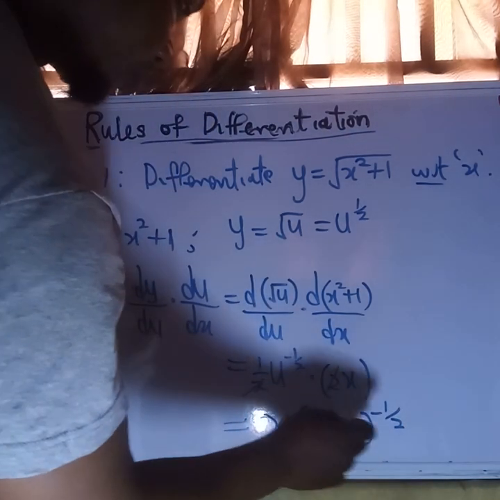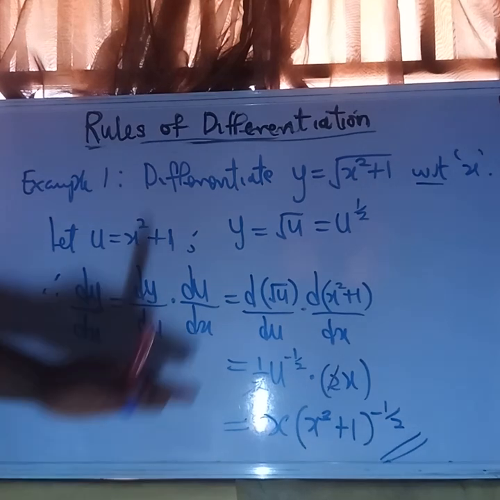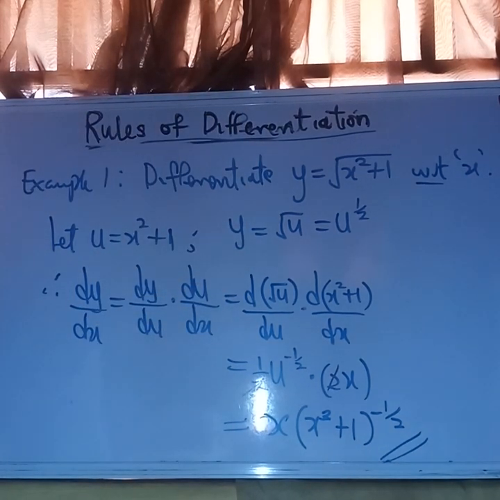So here is the slope of the function, and we are able to do this using the chain rule. Let us look at another example.